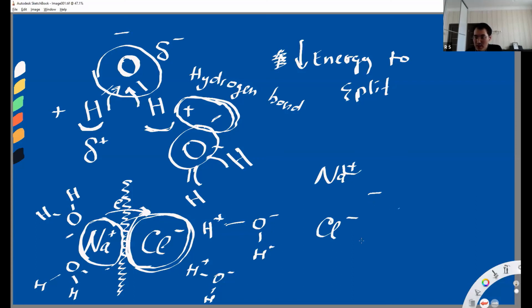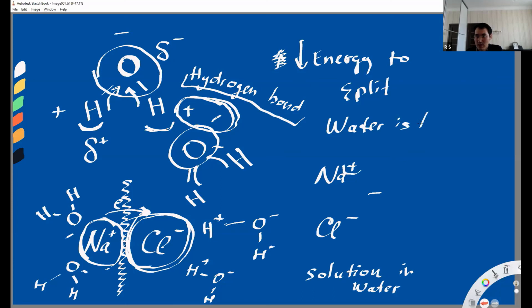And this is the solution in water. Because water molecules are very potent in making hydrogen bonds, water is the universal solvent.